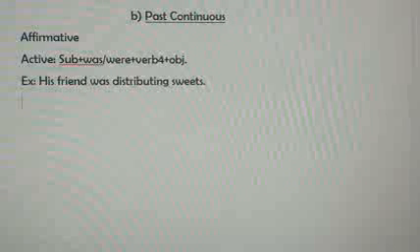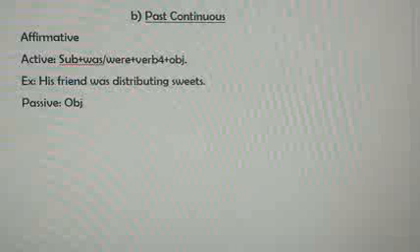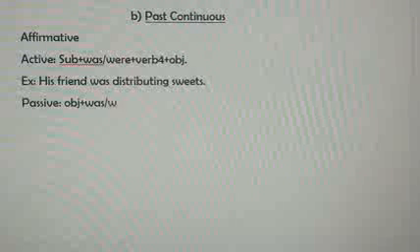Okay, now my dear children, let me write the passive structure for this. The passive structure will be object, after that an auxiliary verb like was and were.